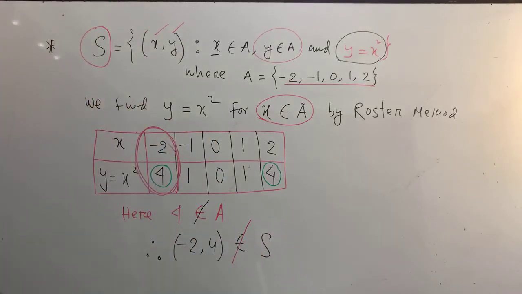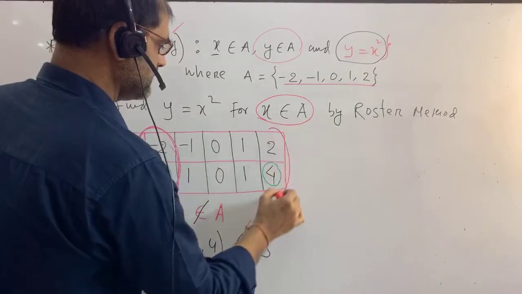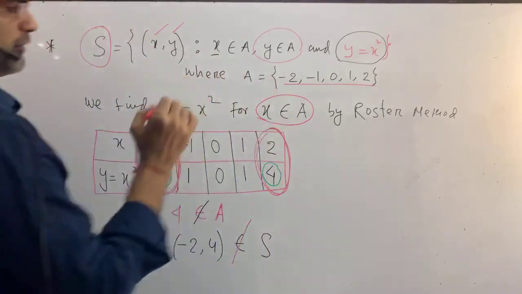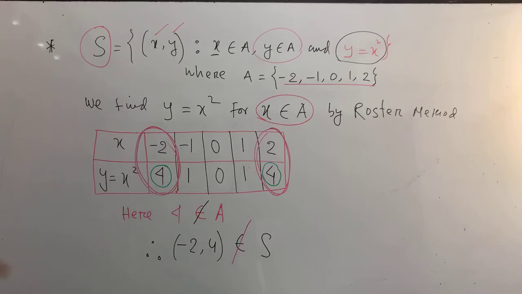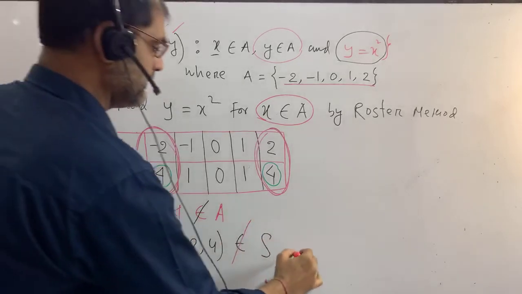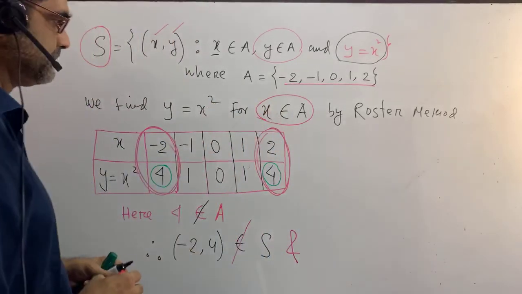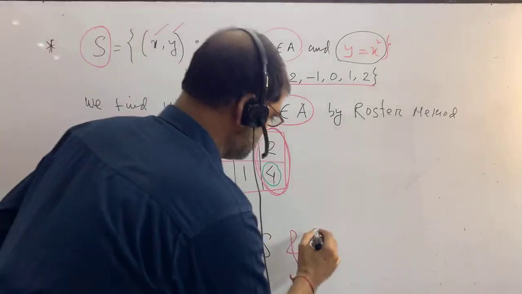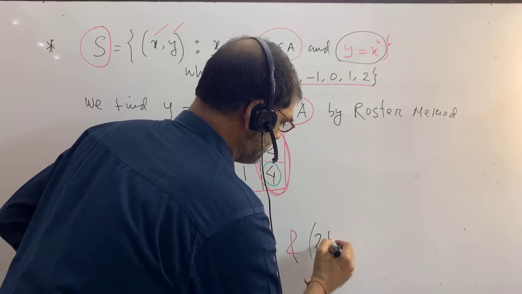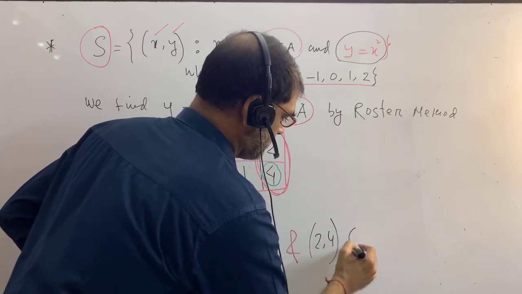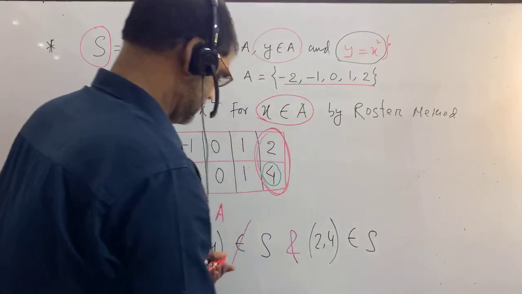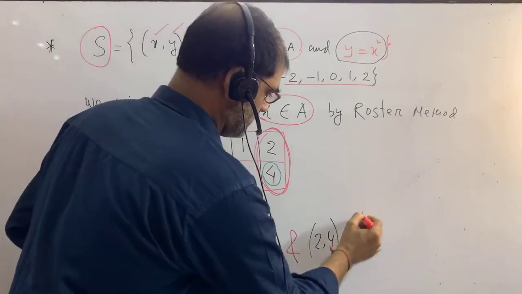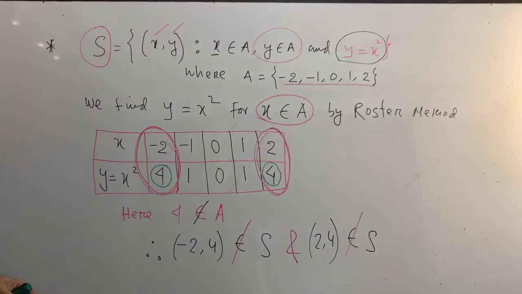Minus 2 comma 4 does not belong to S, as well as these 2 comma 4. Have you seen? These 2 comma 4 you write down, the ordered pair here 2 comma 4 does not belong to S. Have you got it? Does not belong to S.